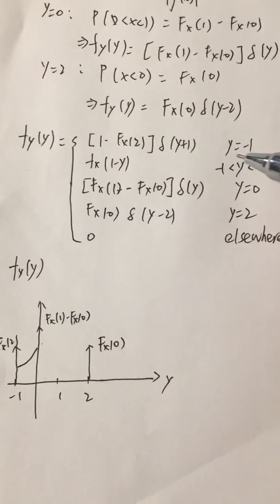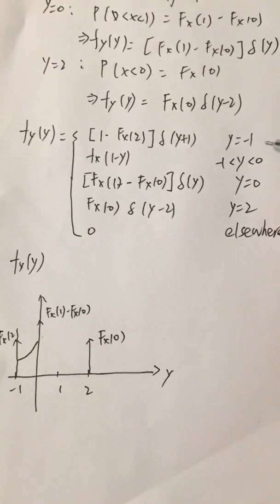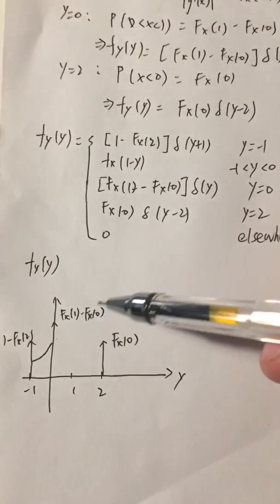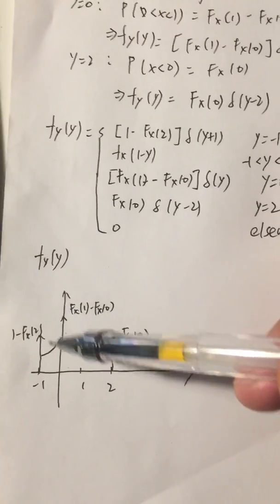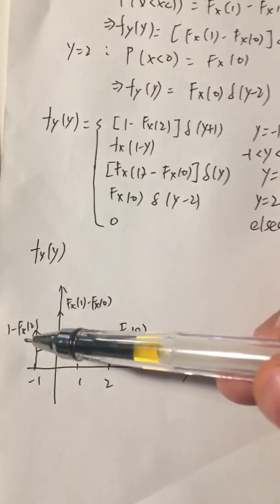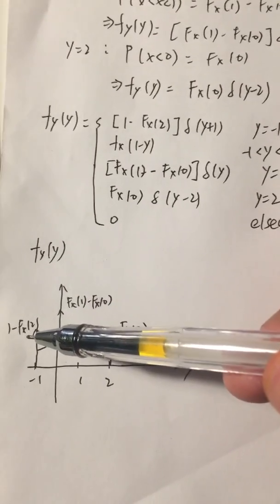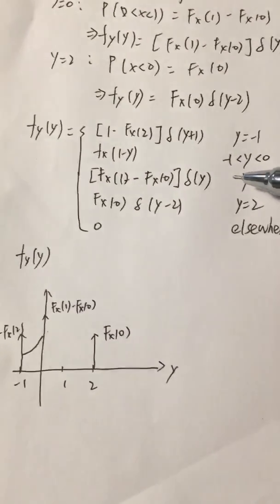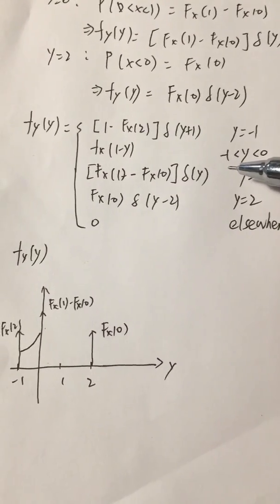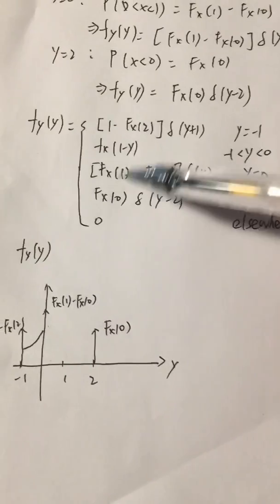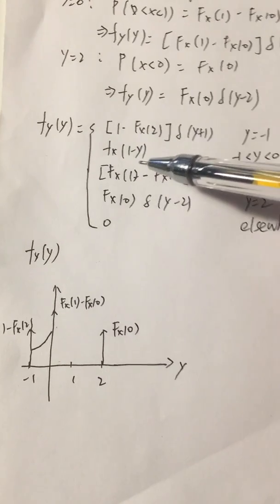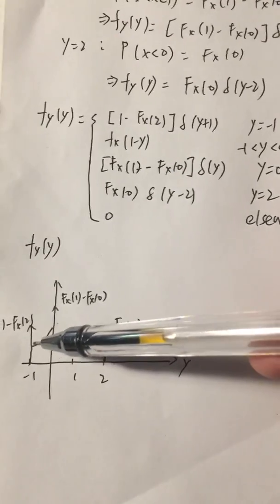When y is -1, we get an impulse function here, and the height of this impulse function is 1 minus capital Fx(2). And when y is between -1 and 0, we just draw this fX function like this.